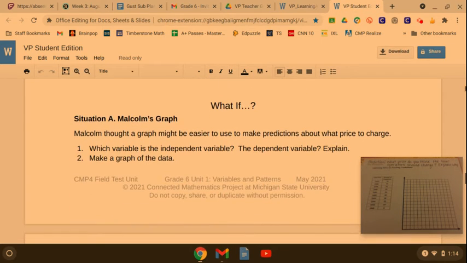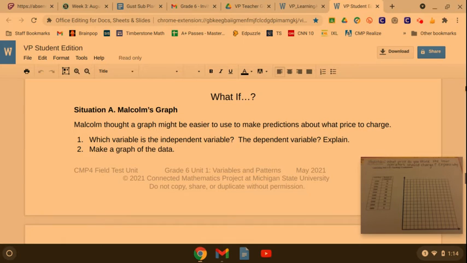And we want to take a look at this graph and see if we can figure out which variable is the independent variable, which variable is the dependent variable, and see if we can take that information and now make a graph with that.